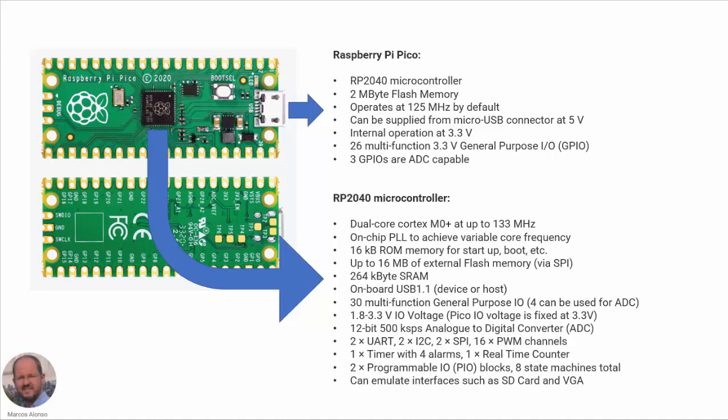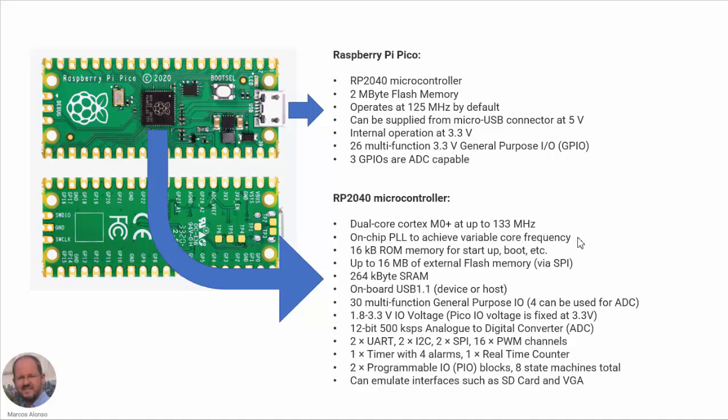The core of the Raspberry Pi Pico is the RP2040 microcontroller. Here are some features of this microcontroller. It is based on a dual-core Cortex M0 Plus that can operate up to 133 MHz.